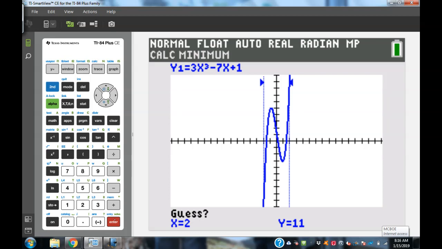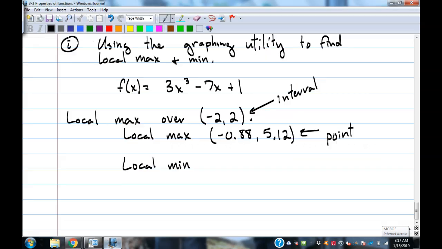The color ones have enough resolution to show you that little, okay, this is where we're looking. We're not looking anywhere else. And it asks us to guess. So I'm going to move my cursor to where it's close to that little spot right there. That looks darn close. Now we'll hit enter. And it shows me, oh, well, you were really close, but it wasn't quite that. It's positive 0.88. And then the y value for that is negative 3.12.